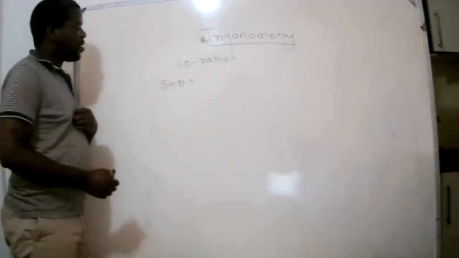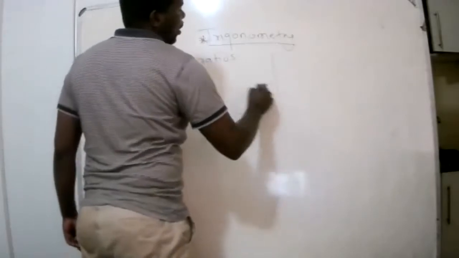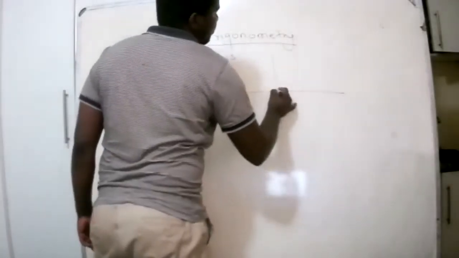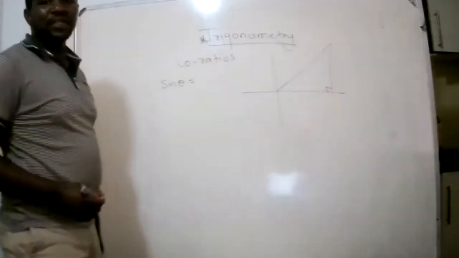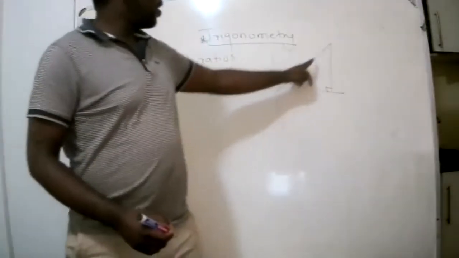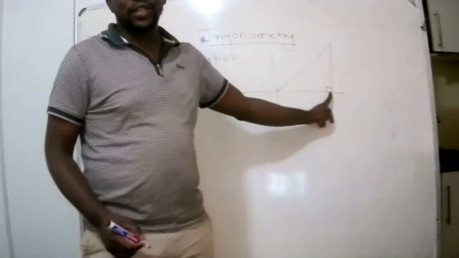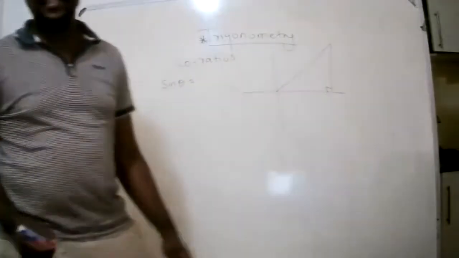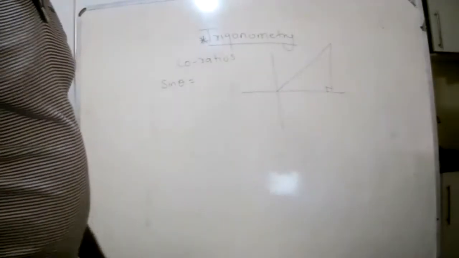If we have sine theta, we can use a right angle triangle. A right angle triangle must have a 90 degrees somewhere. It's either down here, here, or there. In this case, the 90 degrees is down there.